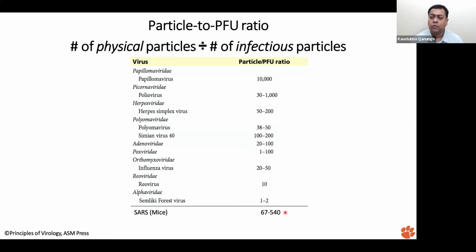At this point we do not have this number, but definitely it will come out soon. If you see the SARS-CoV-2 particle to PFU ratio in publications, you will see a varied number. So that is important.